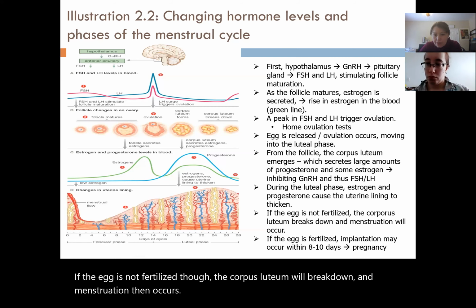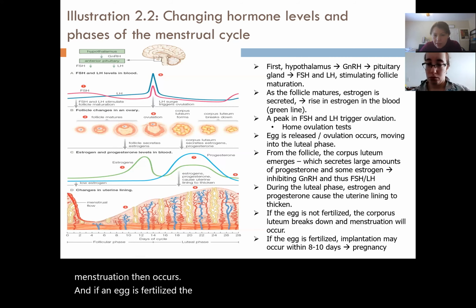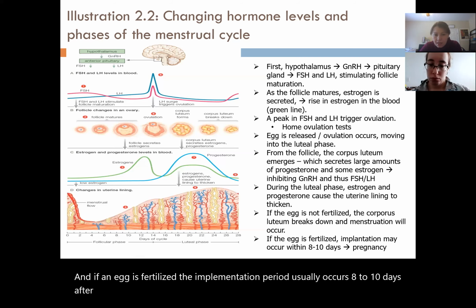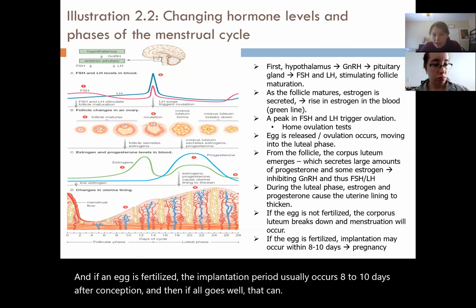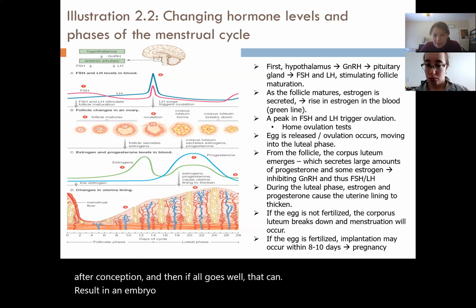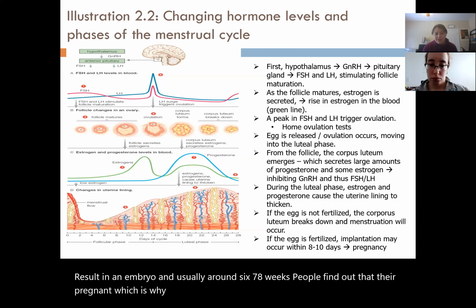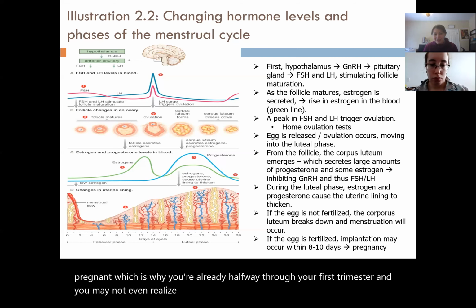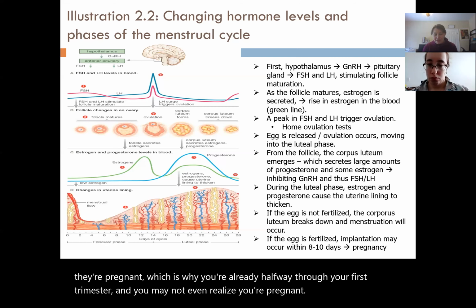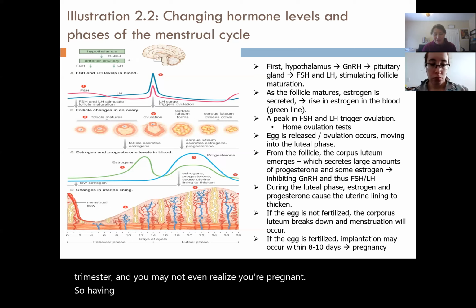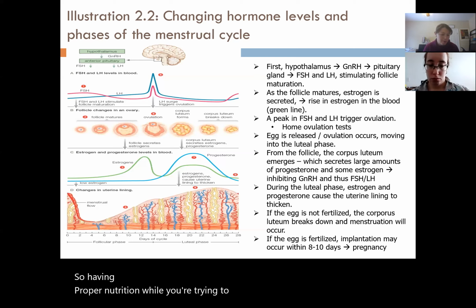And if an egg is fertilized, the implantation period usually occurs 8 to 10 days after conception. And then, if all goes well, that can result in an embryo. Usually around 6, 7, 8 weeks, people find out that they're pregnant, which is why you're already halfway through your first trimester and you may not even realize you're pregnant. So having proper nutrition while you're trying to conceive is really important.